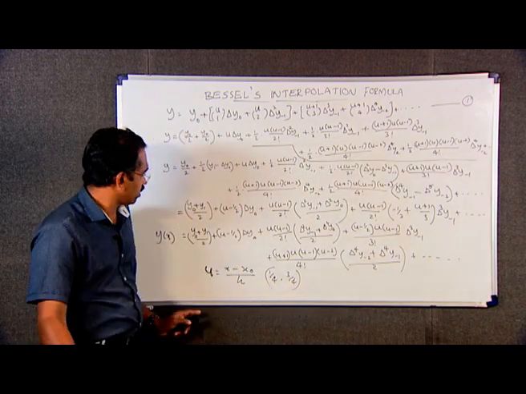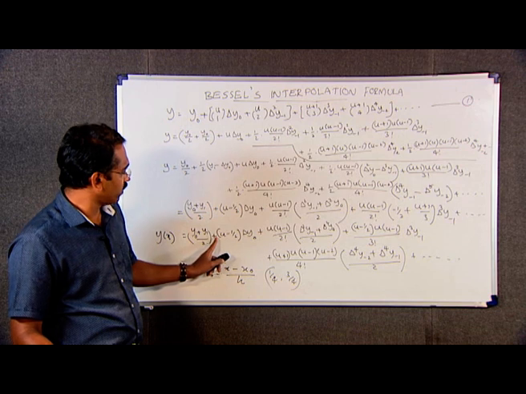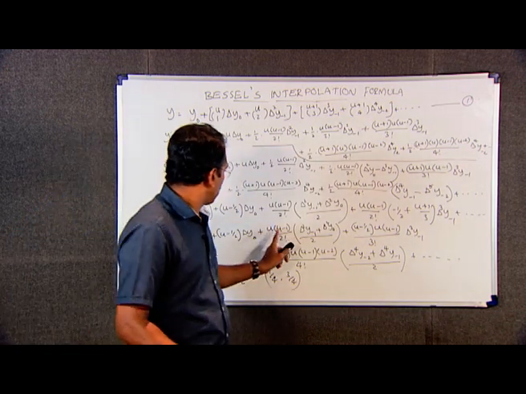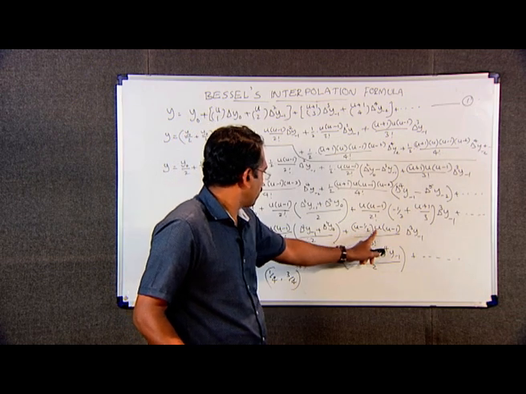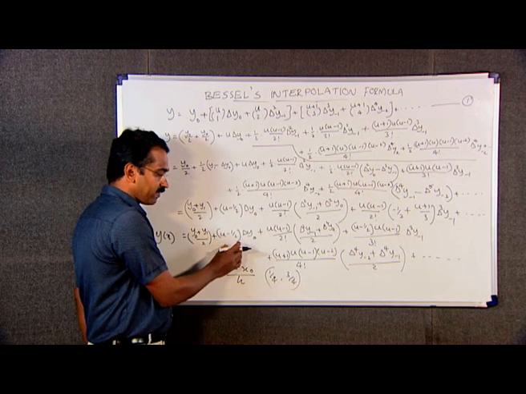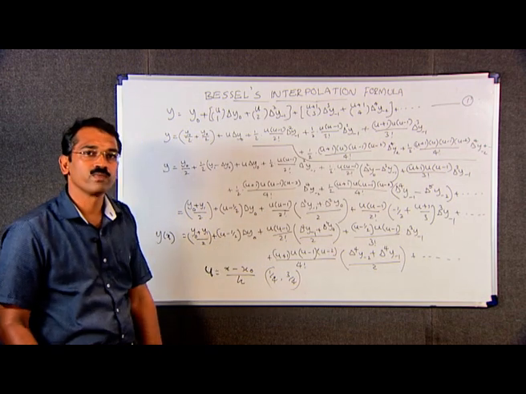And note that if u equals 1 by 2, the second term will become 0, and the fourth term will become 0, and so on. That is, the terms containing u minus 1 by 2 will become 0.